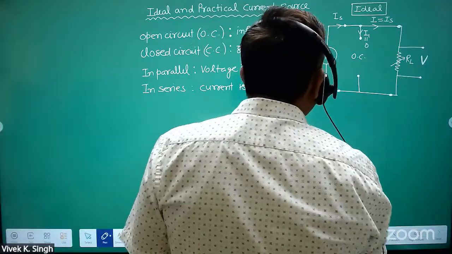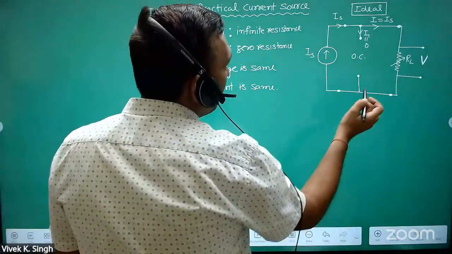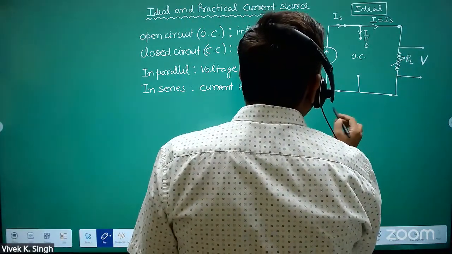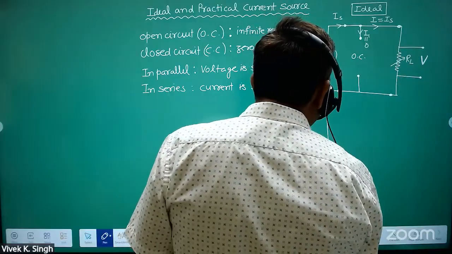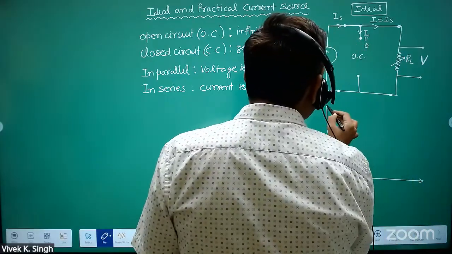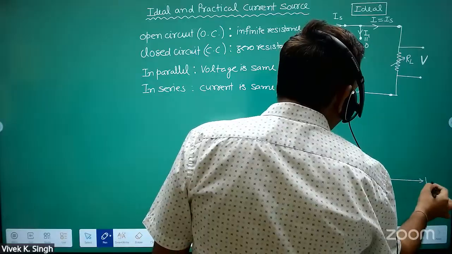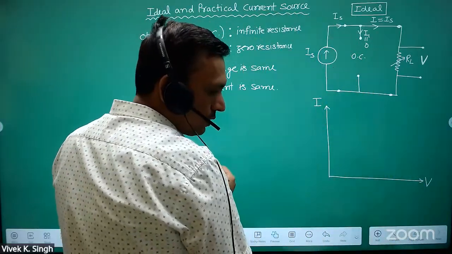And if you plot I versus V, current through the load and this voltage across load, इस सिचुएशन में क्या होगा? I versus V. V is the voltage across load or voltage across the source.